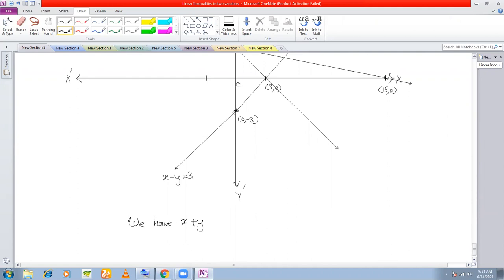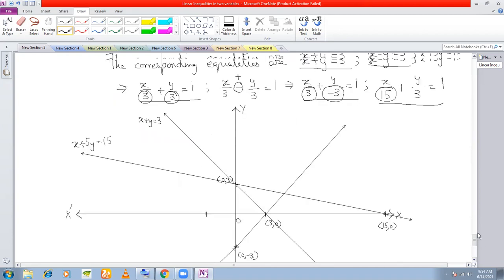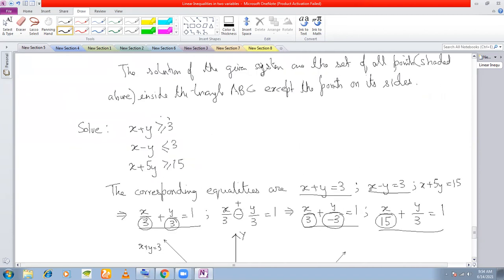For x is equal to y is equal to 0, that is the origin, what do we have? x plus y minus 3 is equal to 0 plus 0 minus 3.